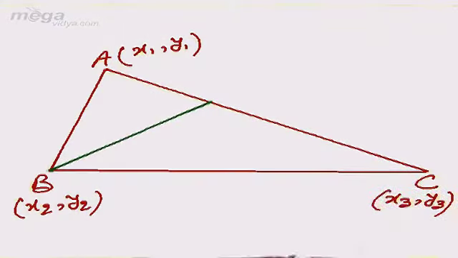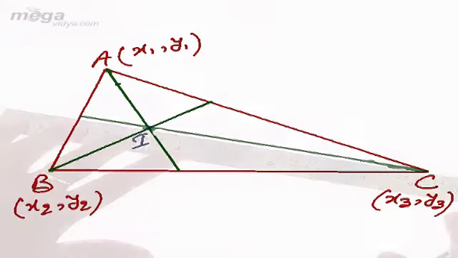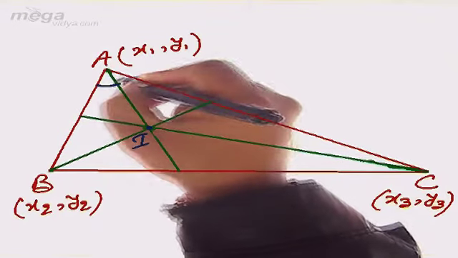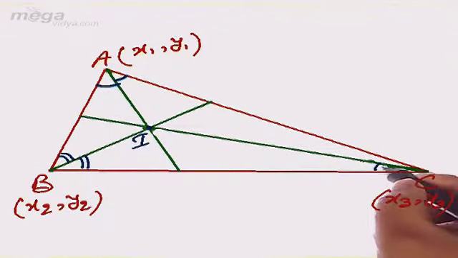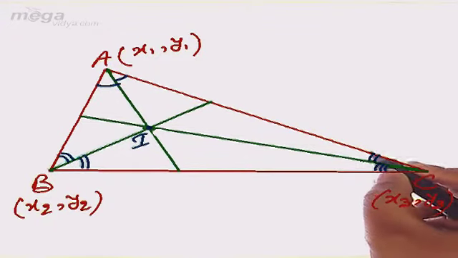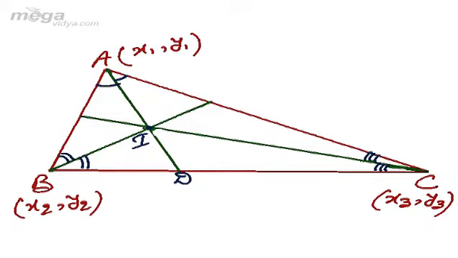This is the first bisector, this is the second angle bisector, and suppose this is I, which is the incenter and which bisects the angle. So this angle equals this angle, and this angle equals this one. If you take AD, it is the bisector of angle A. Now you have to find out the coordinate of I, that is incenter.